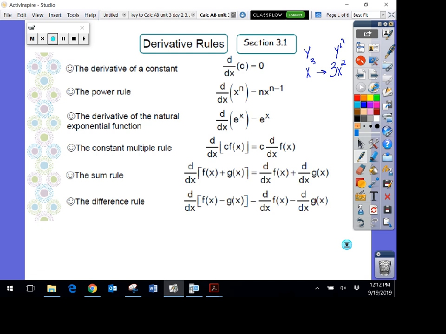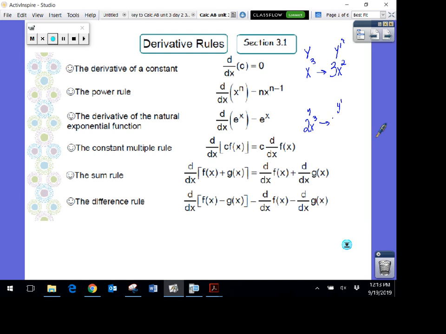If you have a constant in front of that particular function, so the constant times a function, you can bring the constant out and then take the derivative of that. So, for example, if we change this to say, let's say 2x to the third, that's our y, and we want to find y prime.